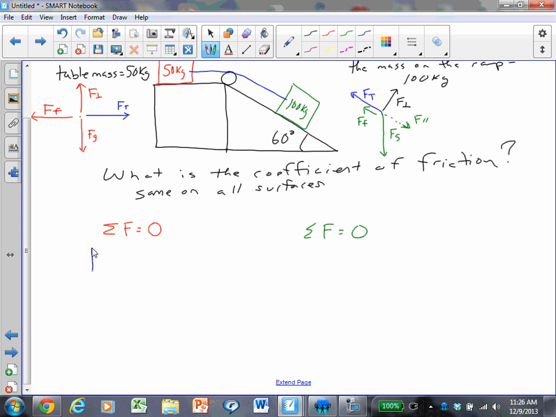So Ft equals Ff. You see that? Now for the green one, the down the ramps equal the up the ramps. Right? So F parallel equals Ft plus Ff.